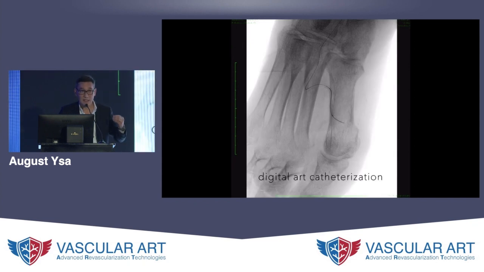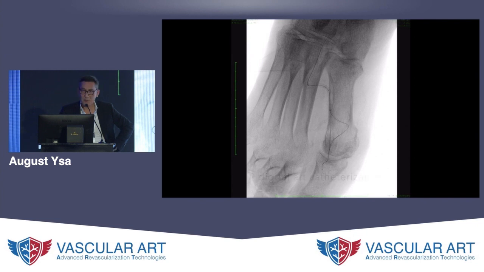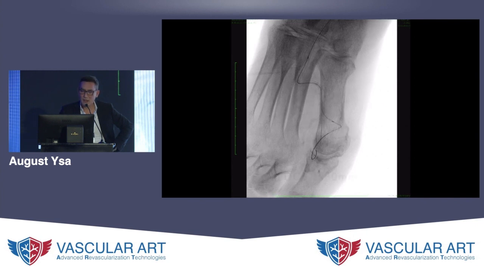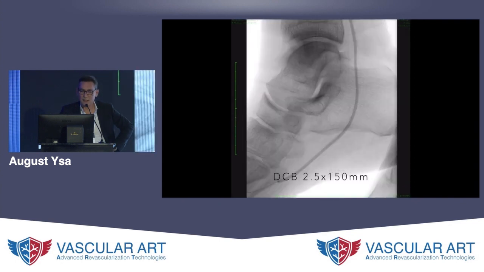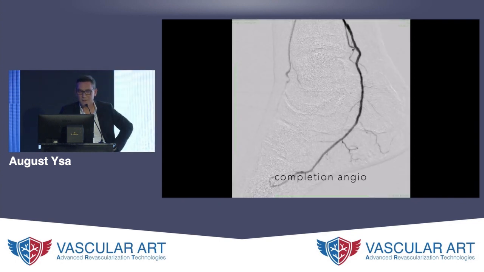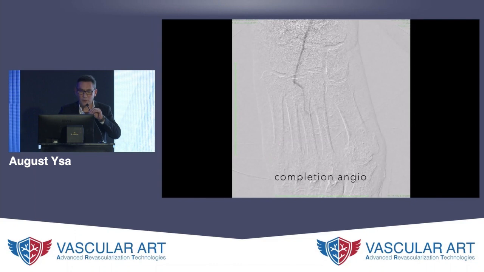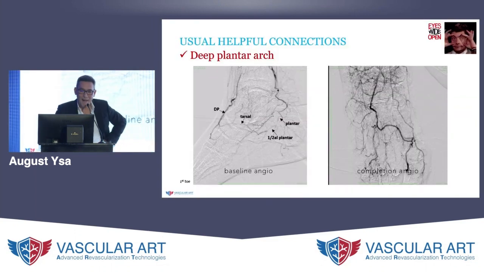This is basically what we mean when we talk about the wound-to-sum concept, trying to get flow straight forward to the wound. Following that, we performed a balloon angioplasty with a 2 millimeter balloon, also on the lateral plantar. And as you can see, this is the final outcome with beautiful flow into the lateral plantar up to the level of the first toe.